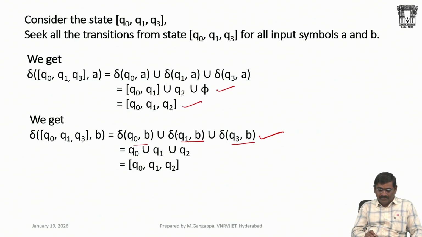From the NFA diagram, we can get the next state values Q0, Q1, Q2, right? So by combining all of them, because there is a union operation, we get one state Q0, Q1, Q2.